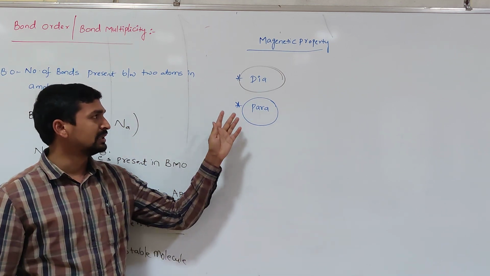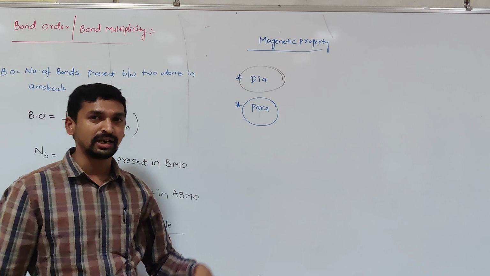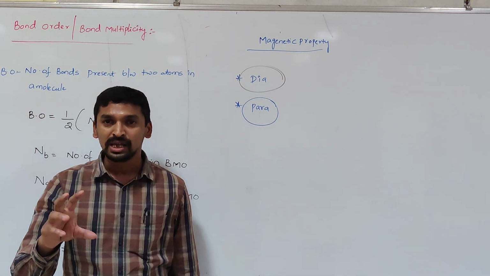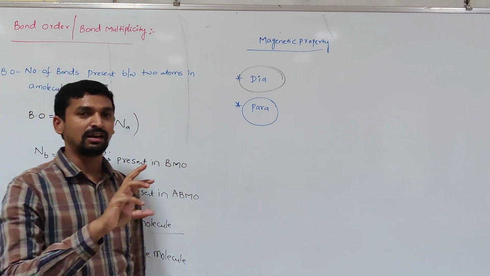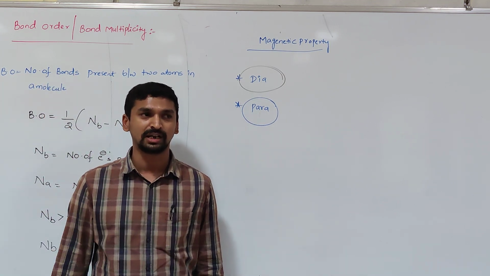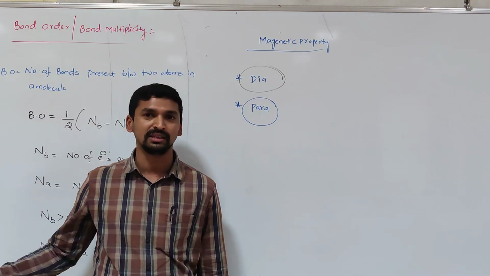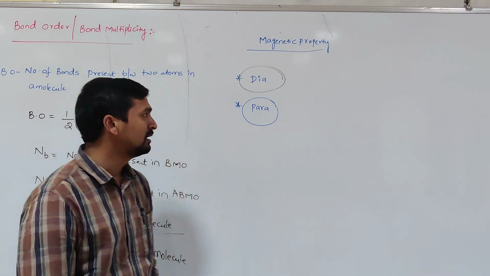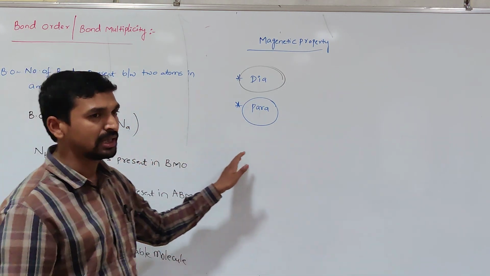To determine the bond order or the magnetic property of a given diatomic molecule, we definitely have to know the energy order of the different molecular orbitals formed by the combination of atomic orbitals. That is the sequence I just explained. When we remember the sequence, it is easy to determine the bond order and the magnetic property.